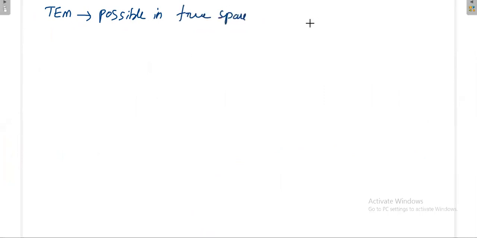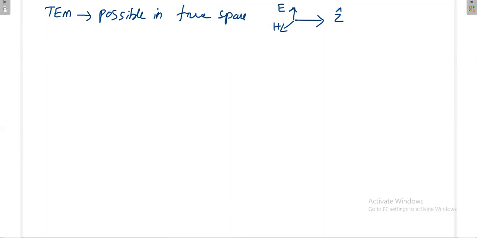What is the meaning of TEM? The electric field and magnetic field will be completely transverse to the direction of propagation. This is your electric field, and this is your magnetic field. This is called a TEM wave. But this wave is not possible in the case of a waveguide.